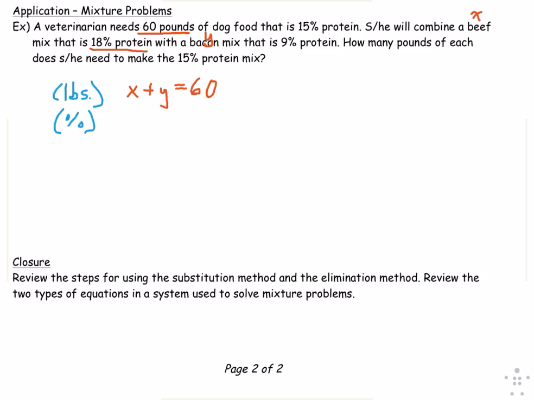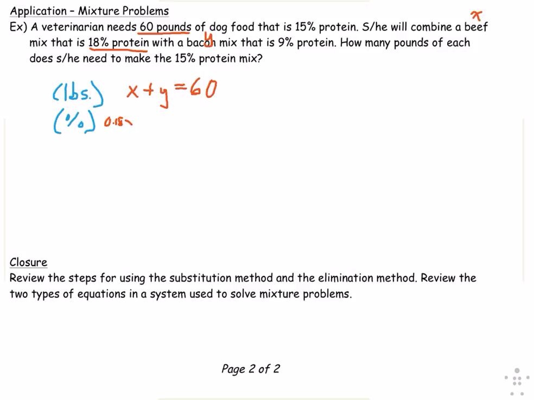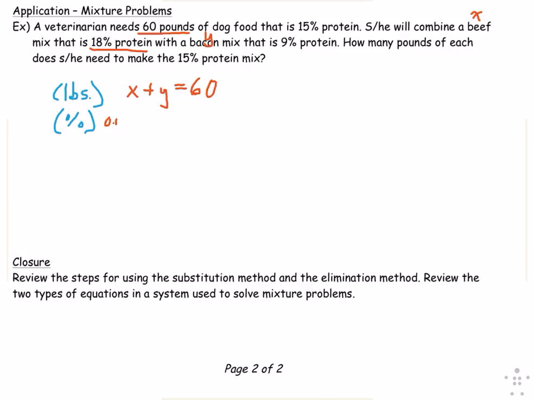So that as a decimal is going to be 0.18x. And then for the y, the bacon mix only contributes 9% protein, as a decimal, 0.09y.